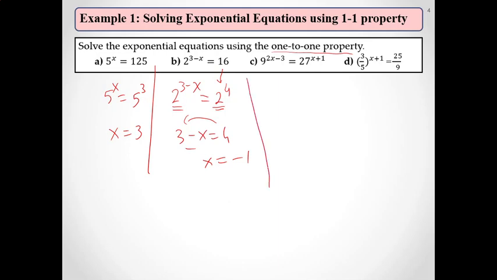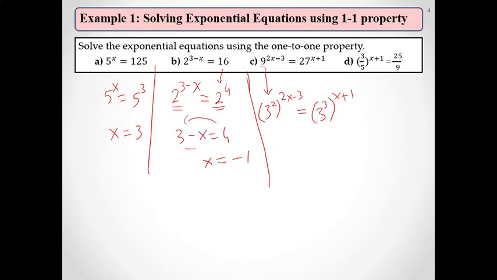And here, 9 and 27, as you see, are not the same base. So in this case, we check if they can be written as a power of the same number. It is obvious that 9 can be written as 3 squared, and we know 27 is 3 cubed. Now we can write it this way.